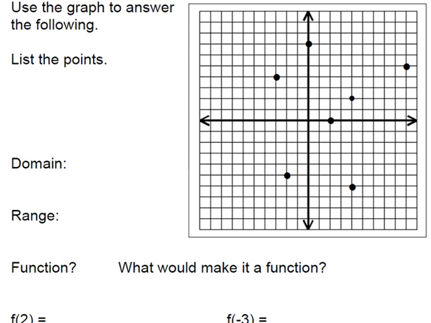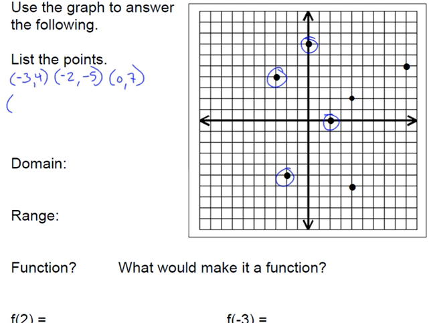Here it says use the graph to answer the following. List the points. I'm going to start with the points going from left to right. So I have this one here. It says -3, +4. My next point, -2, -5. My next point, 0, 7.